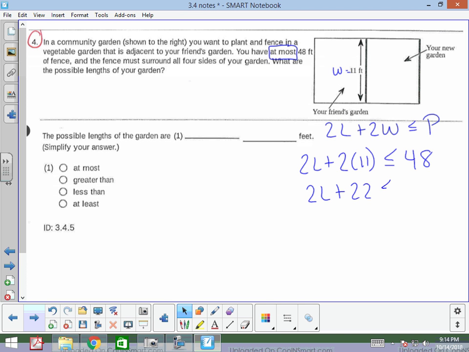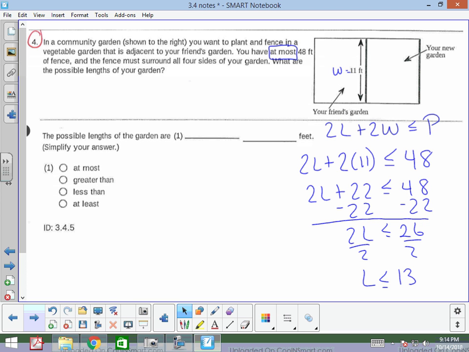So that's 22. 48. Subtract 22 from both sides. So 2L is less than or equal to 26. Divide by 2. So the length has to be less than or equal to 13.